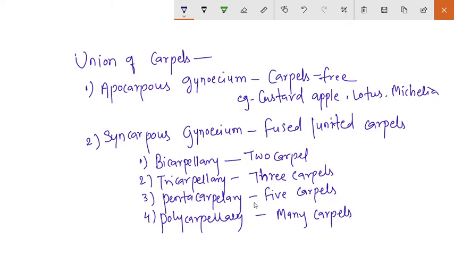So there are different types according to how many carpels are present in the syncarpous gynoecium. Based on how many carpels are in the gynoecium: bicarpellary, bi means 2; tri means 3, 3 carpels; penta means 5, 5 carpels; and poly means many carpels.